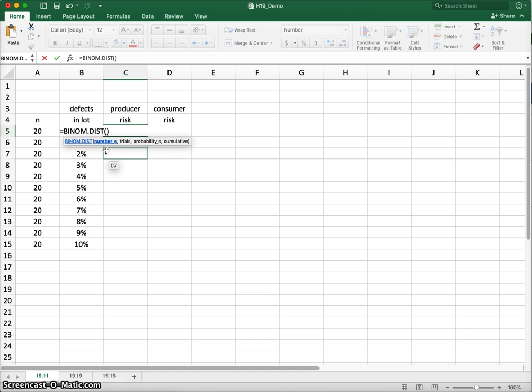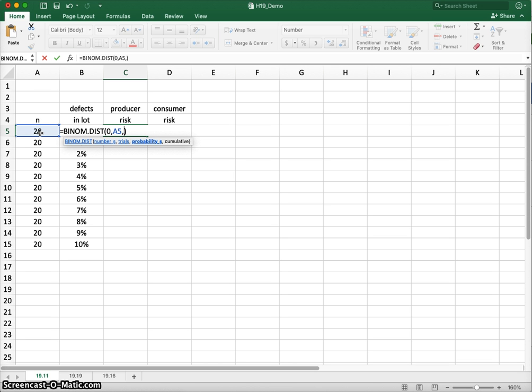So in this case, the first criterion in the function is the number of defects we'll accept, and that's 0. Right, in your example, that's C equals 0. That's the number that we'll accept. The trials is the sample size, which is 20.